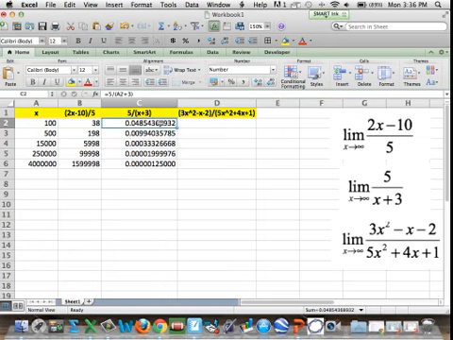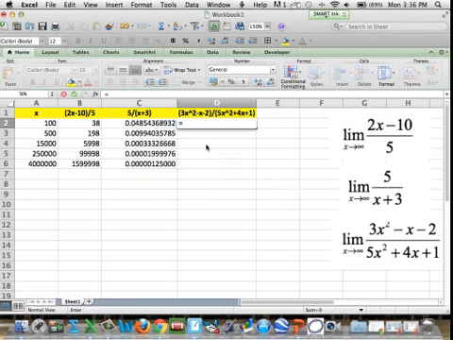As I make x larger, looks like the y values are getting smaller and smaller. In other words, they're getting closer and closer to 0. We keep adding zeros after the decimal place. So I'm tempted to say that the second limit is going to be 0 based on this evidence.